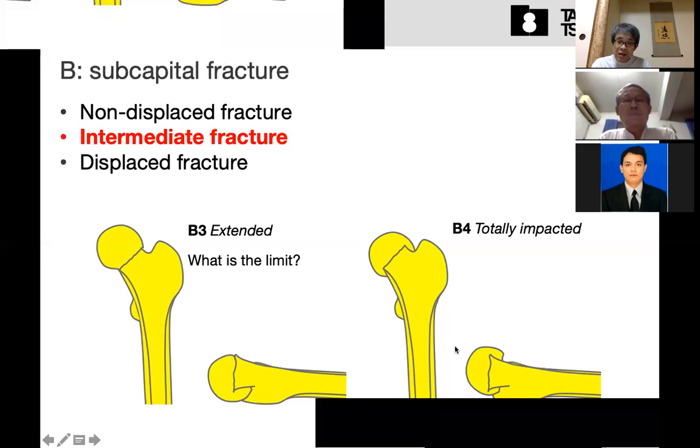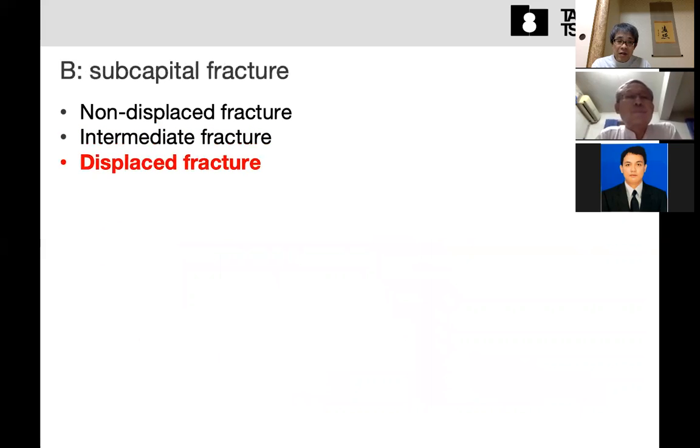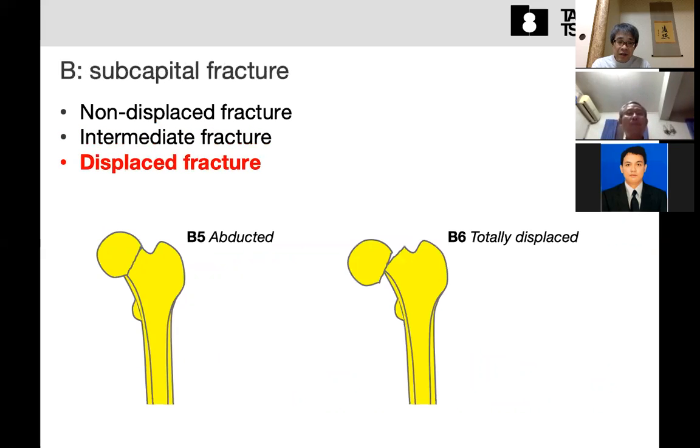Maybe it can easily cause osteonecrosis, even after bone union. And the other one is displaced fracture. The abduction fracture is something like Garden stage 3. The totally displaced fracture is Garden stage 4.